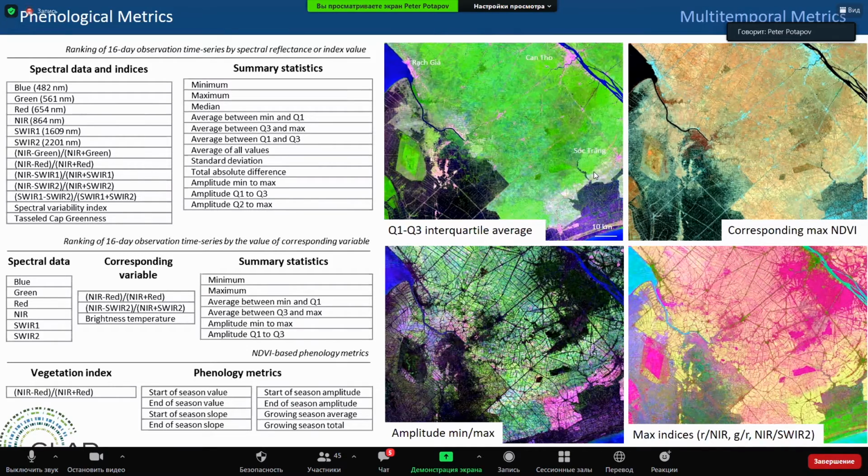These are the color composites of the metrics for the Mekong River Delta in Vietnam.